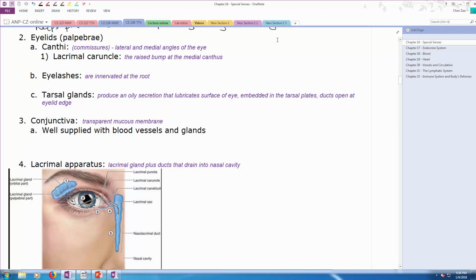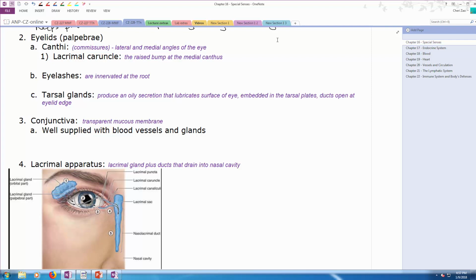Eyelids, we have two for each eye, and the technical term for them is palpebrae. So if you go into any sort of field that involves the eyes or vision, you have to know this word palpebrae. Those are eyelids. And so with our palpebrae, our superior and inferior palpebrae, we have off to the sides, medially and laterally, these angles called canthi.